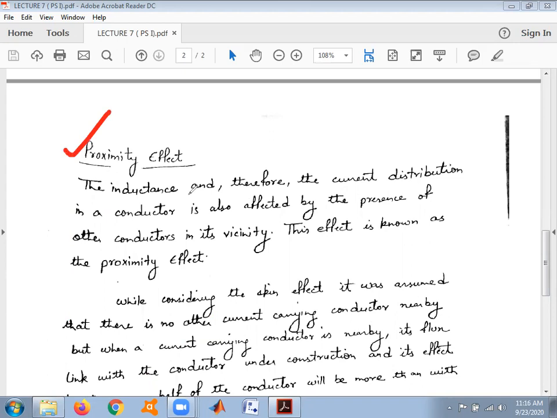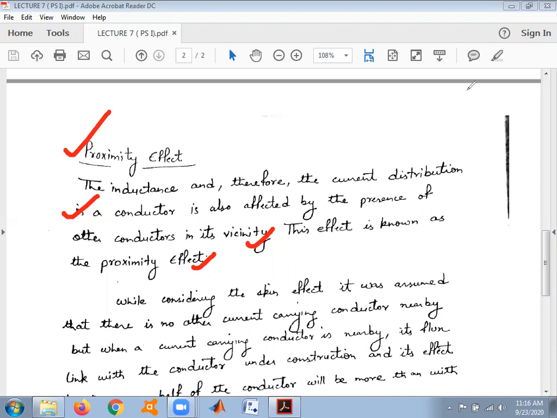The current distribution in the adjacent conductors is affected by the presence of the other conductor in its vicinity. This is known as proximity effect. If two conductors are in parallel and current is flowing through them, the effect that one conductor induces on the other in its vicinity is known as proximity effect.